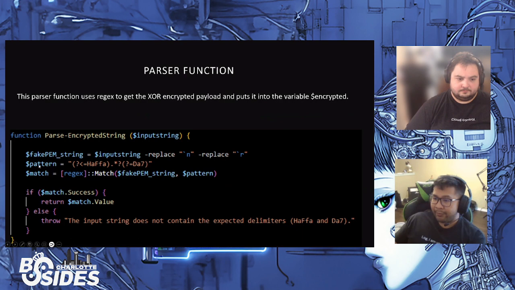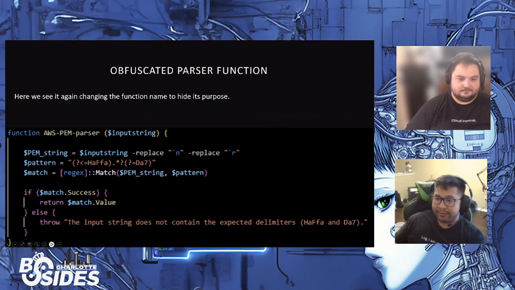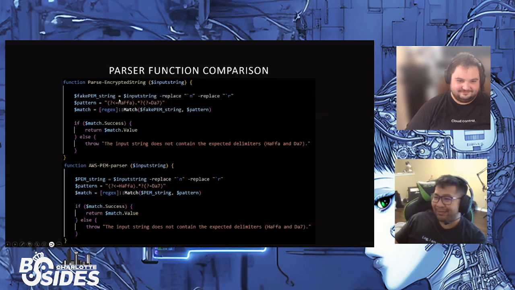So obviously, I don't want to say fake pen string in the actual script for the victim, because if they see that, they will flag that, right? So instead, I want to call it pen string here. Sorry to disappoint you. This is just how I do things. And now my function's also called AWS pen parser here, right? So let's put them side by side here. I know, no random characters or anything. I'm just renaming functions and variables.